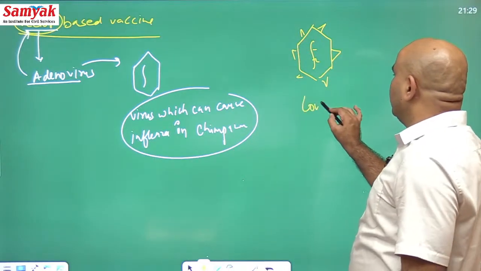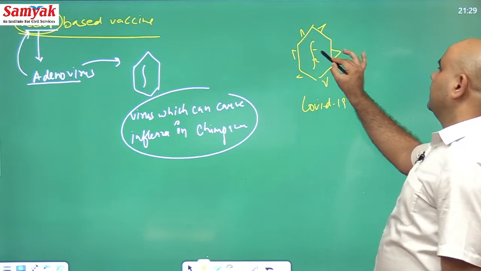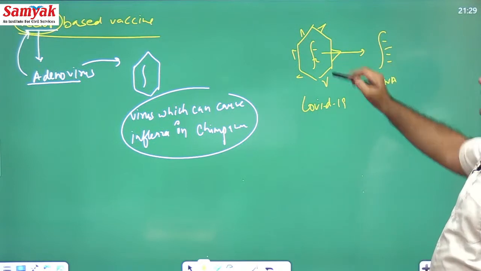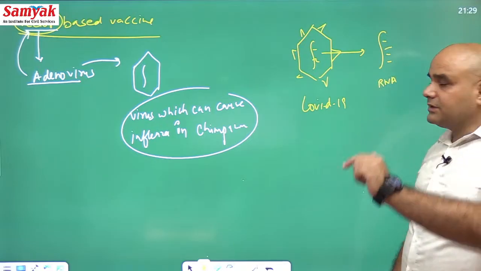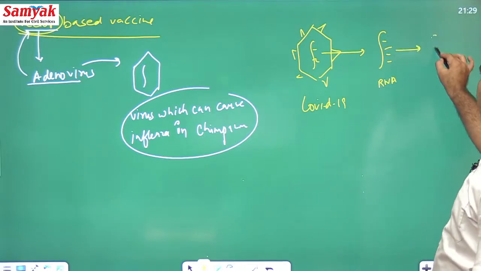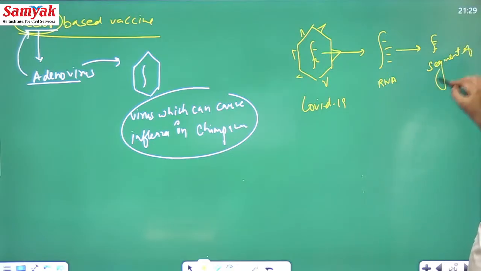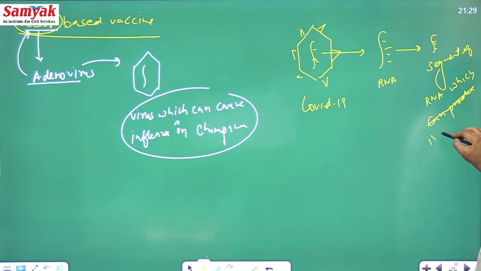Now this is the COVID-19 virus. What we will do is take out the RNA of this virus. Out of this RNA, we will take out the segment of RNA which is responsible for spike proteins.